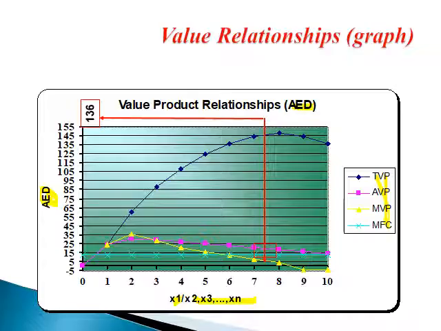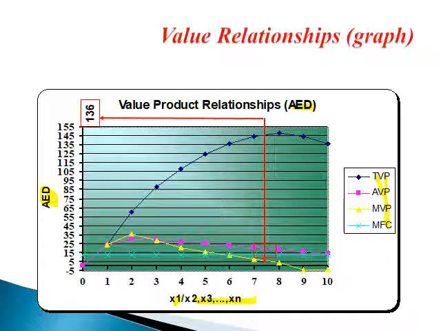That's why they take the same shape, because they are functions multiplied by a constant or divided by a constant. It doesn't matter. Or they are measuring the rate of change of the total function with respect to a change in the level of the variable input, such as MVP. Here I have marginal factor cost.